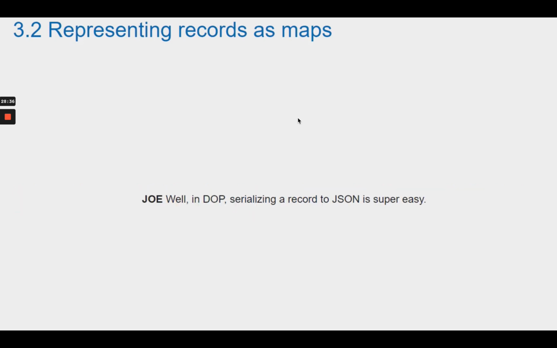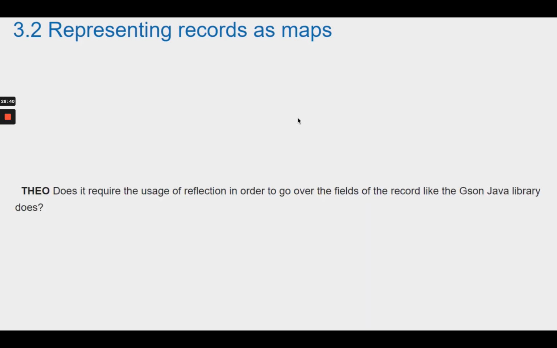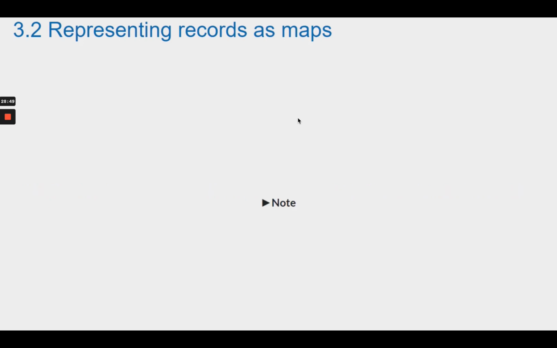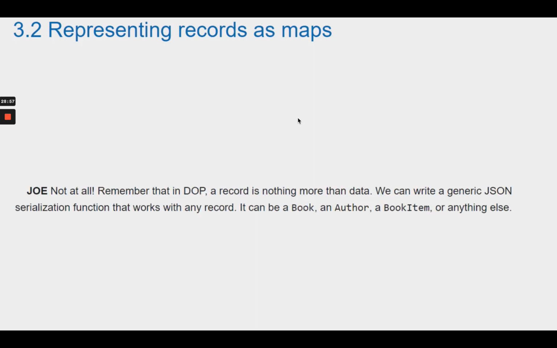Joe: Well, in DOP, serializing a record to JSON is super easy. Theo: Does it require the usage of reflection in order to go over the fields of the record like the JSON Java library does? Note: see github.com/google/JSON for more information on JSON.